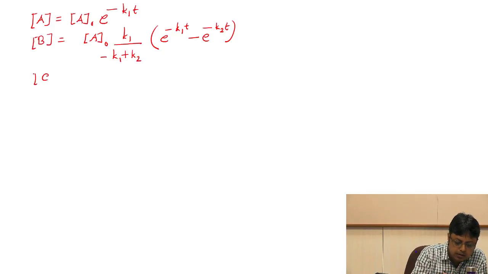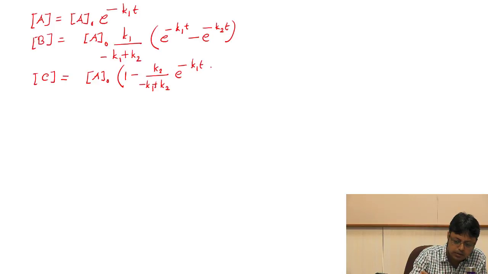And for C, using the material balance that A plus B plus C will always be equal to A0, we can write it as A0 into 1 minus k2 by minus k1 plus k2 into e to the power minus k1t plus, we'll have k1 by minus k1 plus k2 into e to the power minus k2 into t.